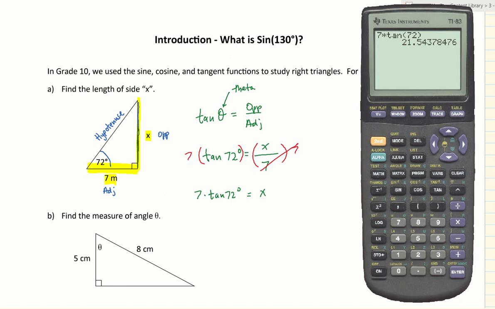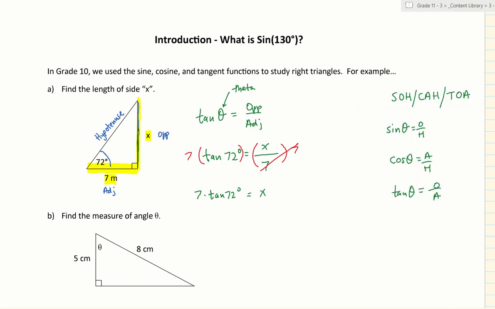Make sure I'm in the right mode, I'm in degrees. So 21.5, we could round this off to whatever we want. Let's just do it to one decimal place. So 21.5, and the unit is meters.